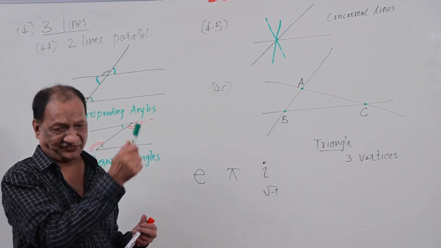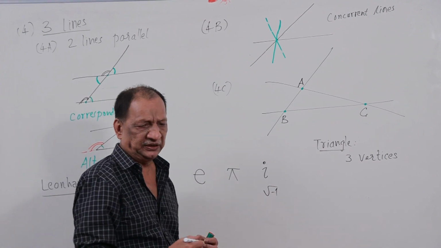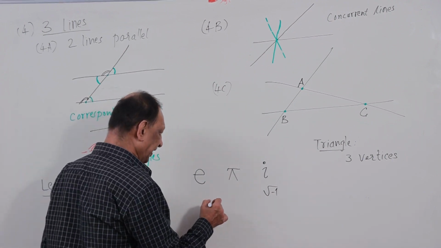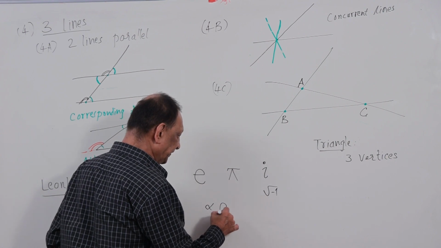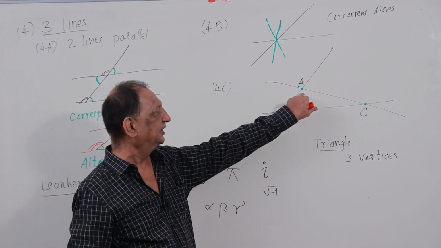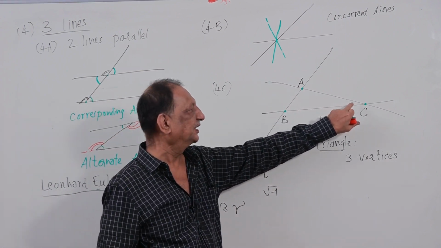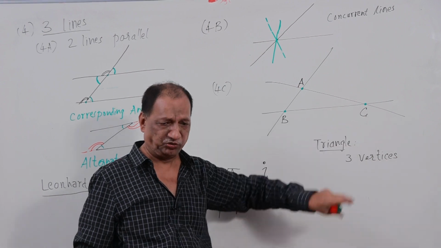And what about the angles in those corresponding places? One old method was to use the Greek symbols alpha, beta, gamma. That means the 3 corresponding letters, first 3 letters. Alpha is the angle subtended at vertex A, beta is the angle subtended at B, and gamma is the angle subtended at C, is one way.